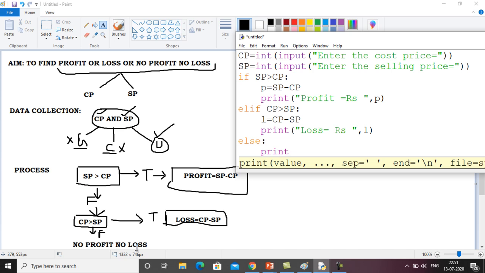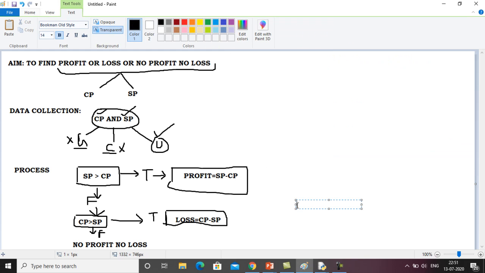So we simply write print no profit, no loss. Okay, so I have written the code as per the given criteria.